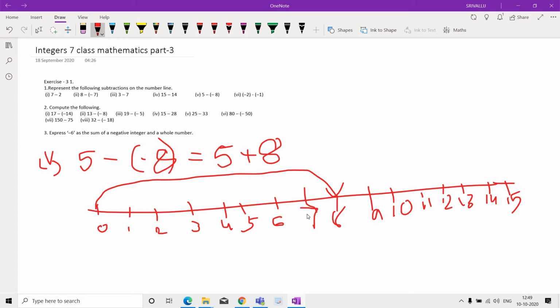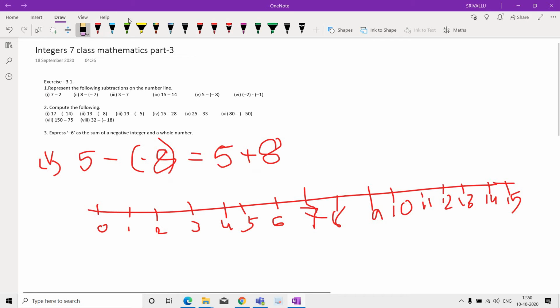They said add 5. If we jump 0 to 5, we are adding 8 numbers. If we jump 0 to 8, we will add 5 numbers. For your convenience, I am taking 0 to 5.